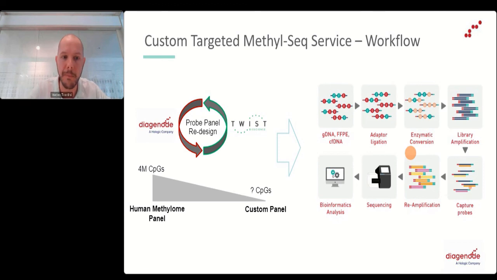Instead of the human methylome panel, we use the custom panel, which will capture only the regions containing the CpGs that have been shown to be important to discriminate for your specific biological question. Thanks to that, we can reduce the cost of sequencing, because we reduce the regions that are captured and need to be sequenced, while increasing the coverage of those regions to be even more sensitive.